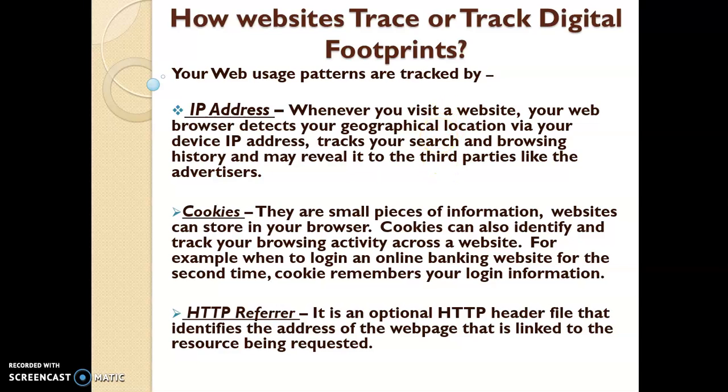In the same way, when we are using any device for internet services, each device has its own IP address. So every device can be traced or detected by its own IP address. So whenever you visit a website, your web browser detects your geographical location via your IP address.